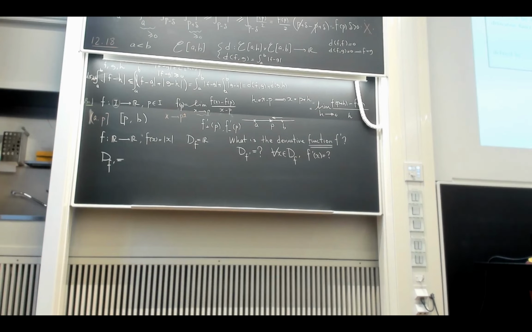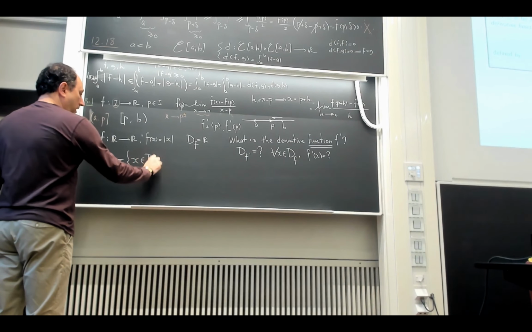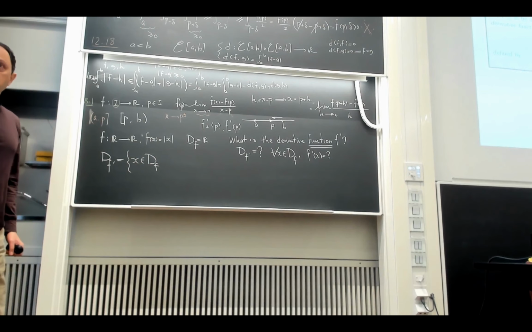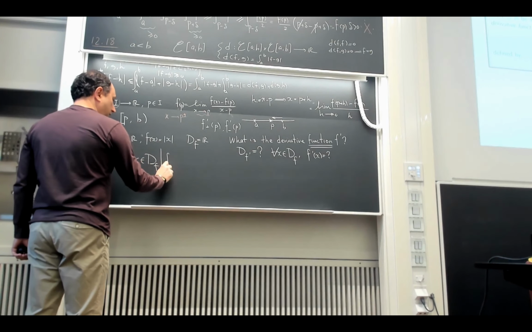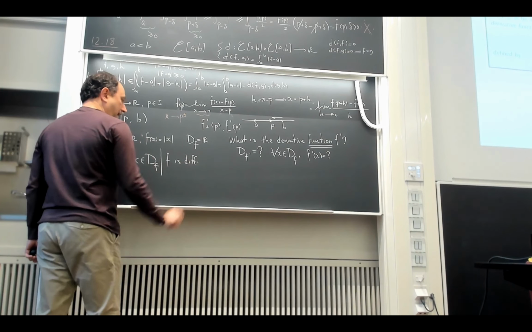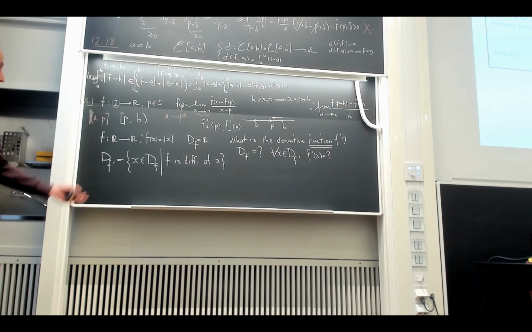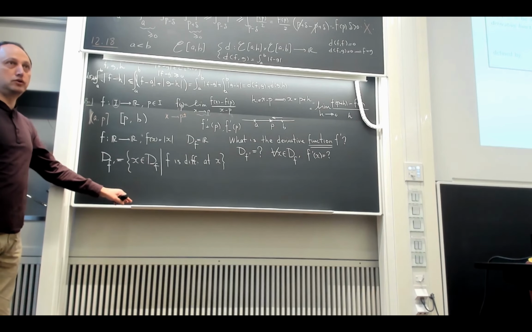What is the meaning? It means all the elements in the domain of the function such that f is differentiable at x. Yes, that's the meaning. So that's the definition of the domain of the derivative. Why should it belong to the domain?